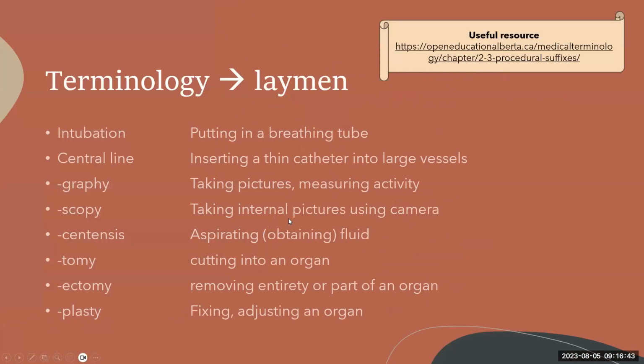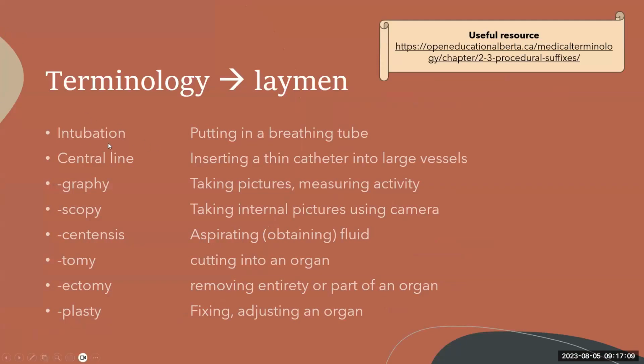Right. So in order to do good consent, you need to be able to explain what you want to do to the patients. You need to be able to explain the common procedures in layman's terms, right? So here is a little bit of the common terminology and how I would explain those.